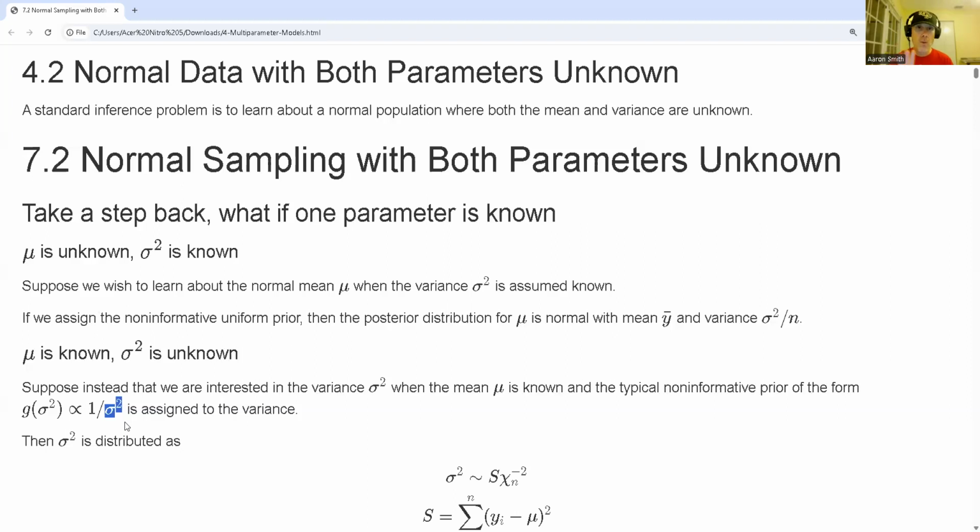The reason why we like to use this as an uninformative prior is that it has a ton of spread to it, so much spread that it's not a probability distribution, and that sets it up so that our data has a full voice in our posterior.